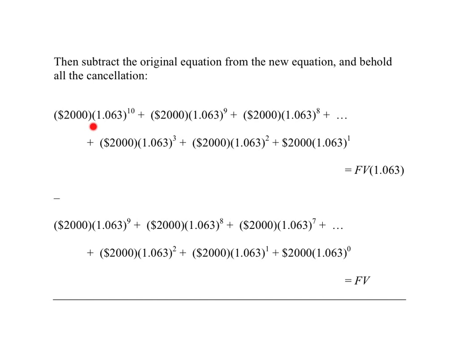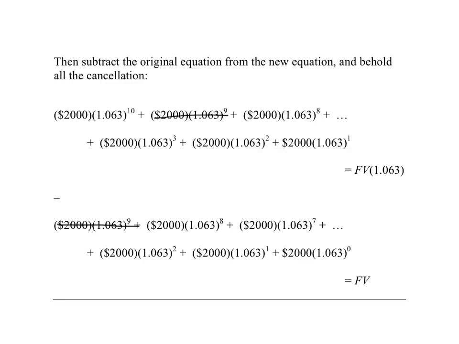When I take all of these expressions, and I subtract from them all of these expressions, what do I notice? I've got a 2,000 times 1.063 to the n, and I'm subtracting off a 2,000 times 1.063 to the n. Those are gone. Fantastic.